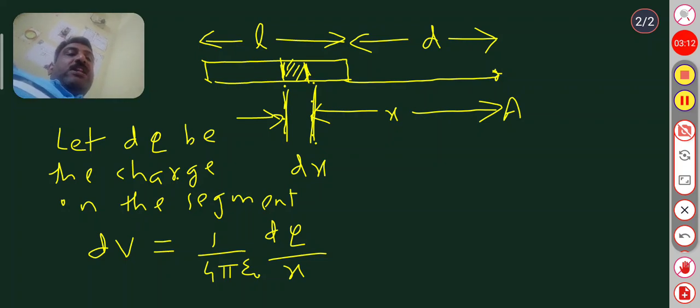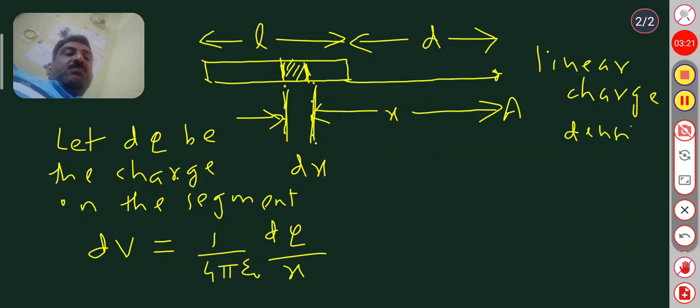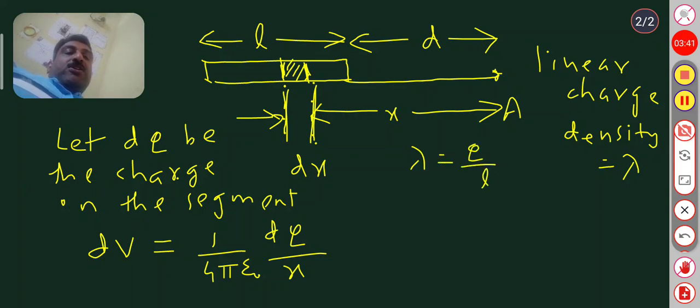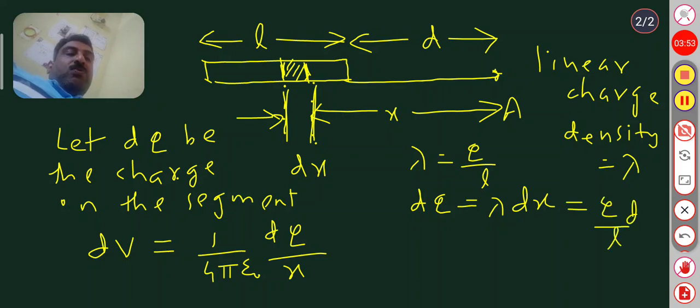If we take the linear charge density of this rod to be lambda, then lambda can be written as Q divided by L. So dq will be equal to lambda into dx, which is equal to Q by L into dx.